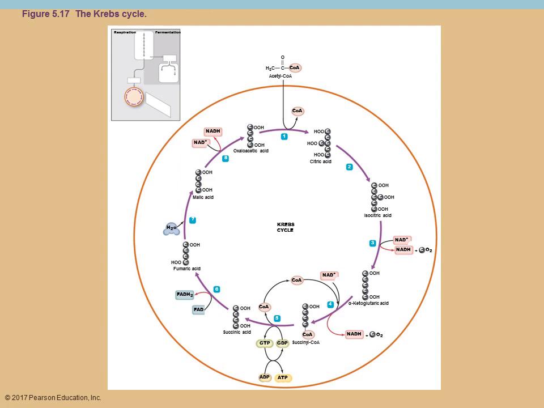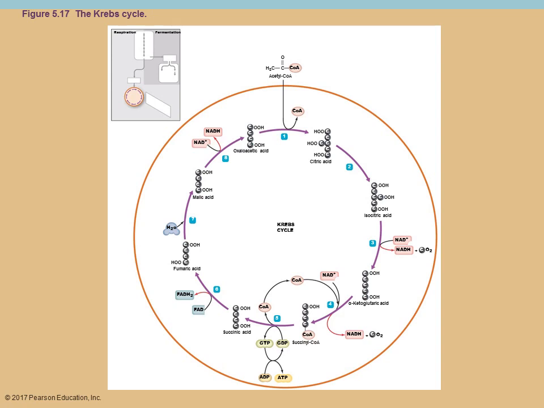Once again, keep track of, notice, you have on here in this step, per turn, you have 1, 2, 3 NADHs leaving. You have 1 FADH2. You have 1 ATP. But you didn't have just 1 acetyl-CoA. You had 2 because you had 2 pyruvic acid.